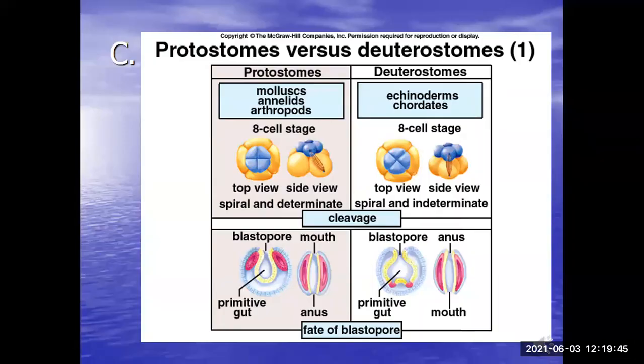We'll also see that the more advanced animals are deuterostomes. Of the 9 major phyla in the animal kingdom, we, being chordates, are deuterostomes, and there's one other group that has deuterostomes in it, and that's why we classify that one group just before we start studying our chordata.